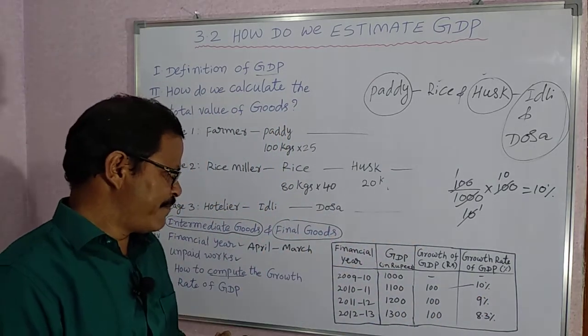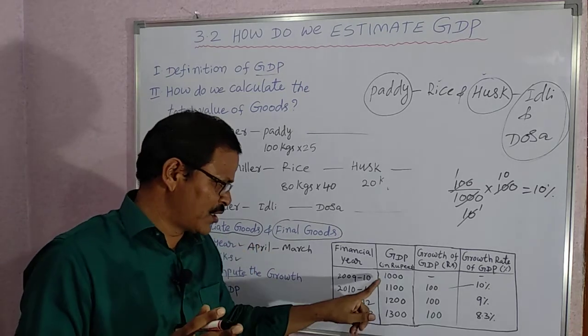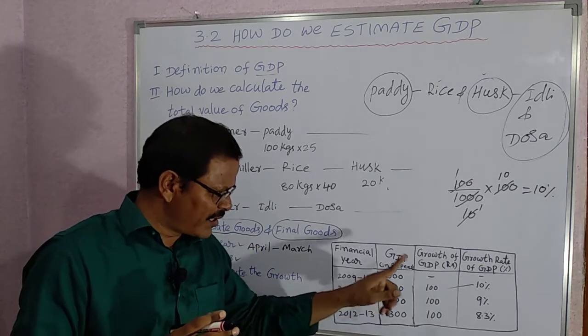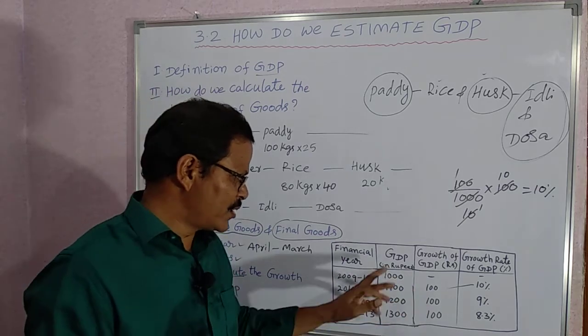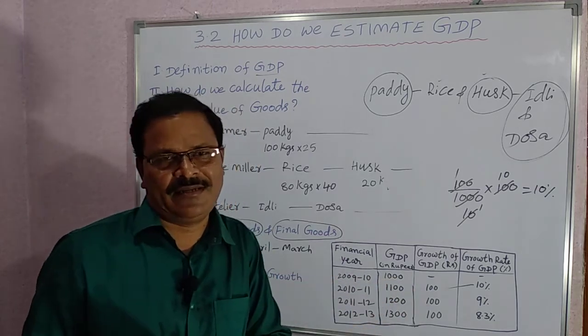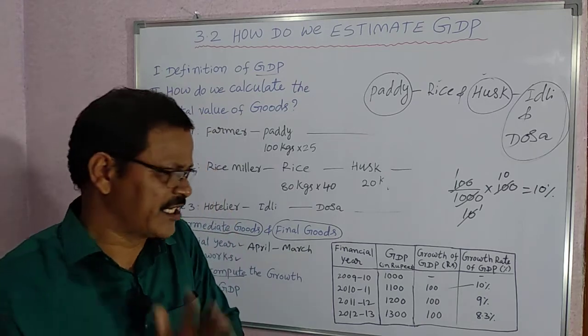That means the previous year's GDP is 1,000 and 100 is the increase. 100 in 1,000 is equal to 10%. That is the growth rate of GDP.